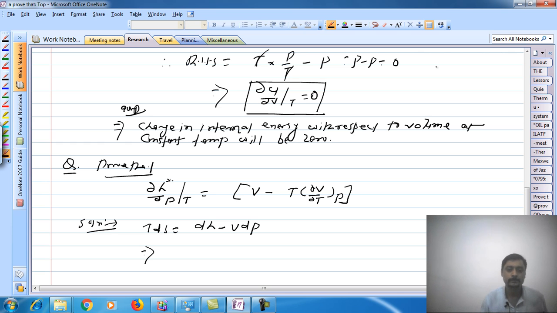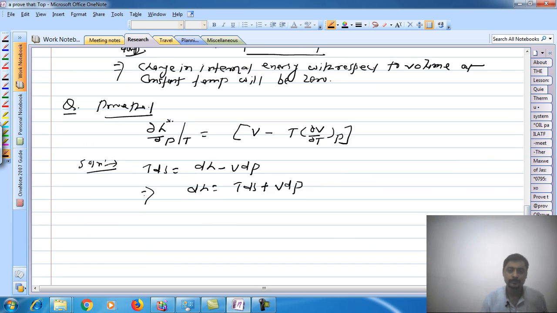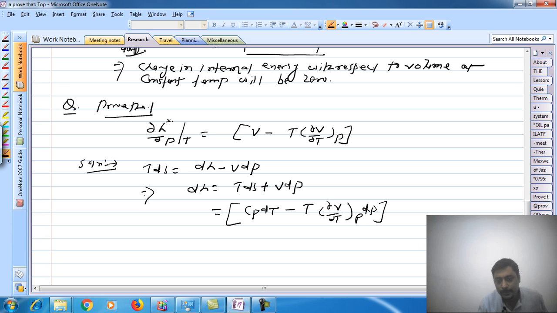So this implies dH is equal to TdS plus VdP. Once again, this TdS equation in derived form, we have Cp dT minus T del V by del T at constant pressure into dP plus VdP.